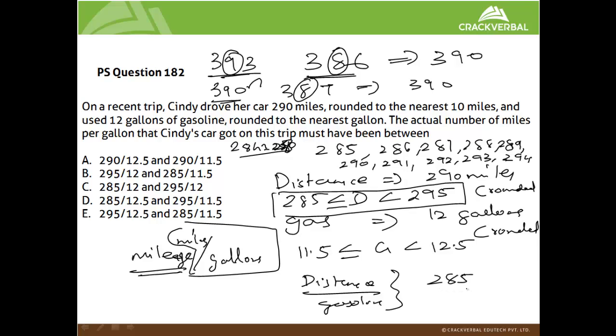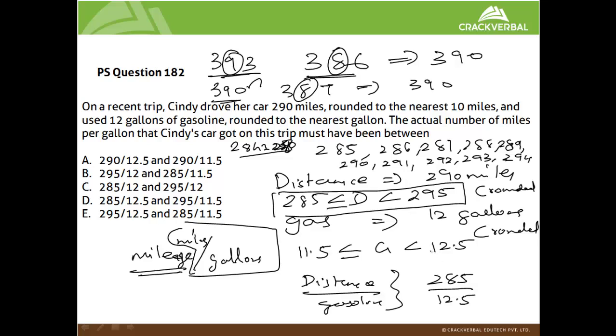So 285 divided by 12.5. If the denominator gets bigger, it will get you the least possible value. But 285 divided by 11.5 will not be the least, because 11.5 is lesser than 12.5.